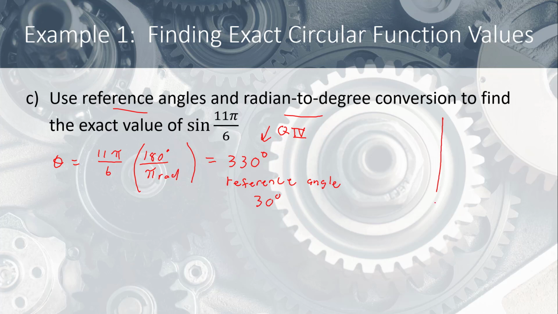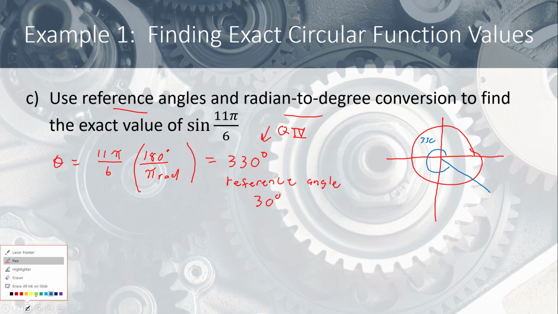To draw a rather poor picture, here is my circle. Rather poor excuse of a circle, sorry about that. This right here is 330 degrees, and the reference angle is 30.